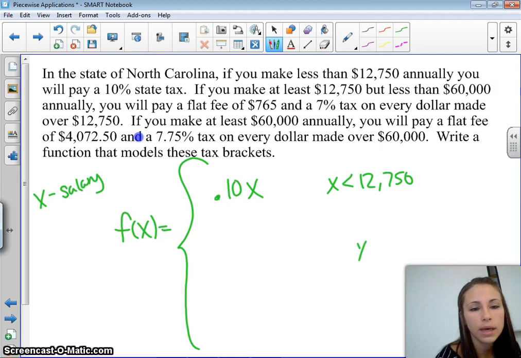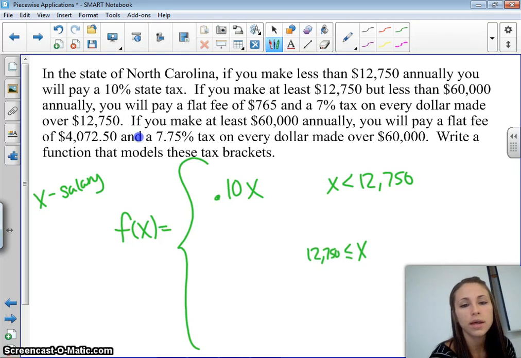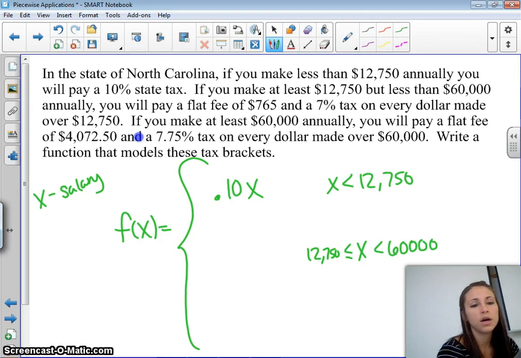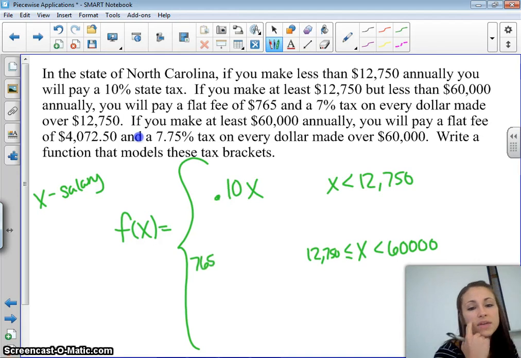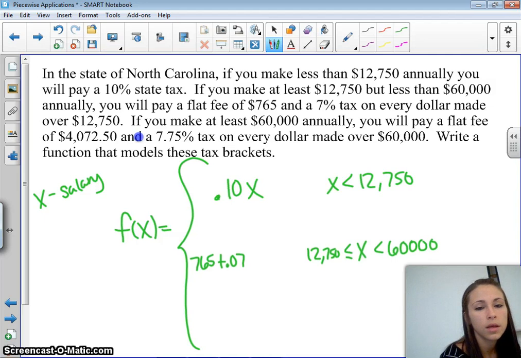Now, if you make at least, okay, so that means that this side of the sandwich is going to be $12,750. And then the other side, it says less than $60,000. Then I'm going to pay a flat fee of $765 and a 7% tax, so that would be 0.07 on every dollar made over $12,750.